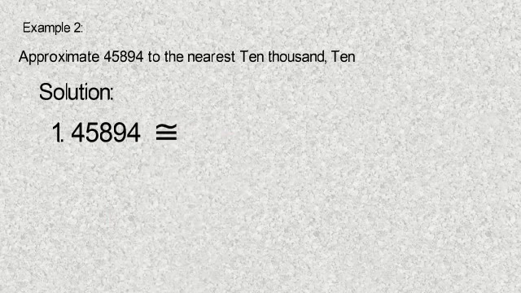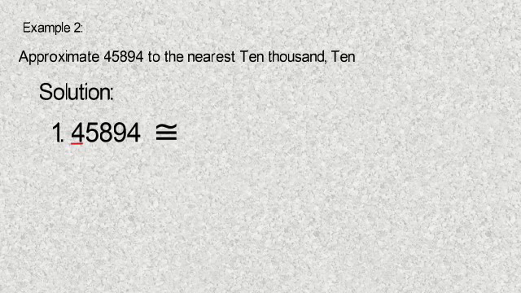So starting from the right also, my 4 is in the unit place value, my 9 is in the 10 place value, my 8 is in the 100 place value, my 5 is in the 1000 place value. So the next digit to it is 4, which is in the 10,000 place value.